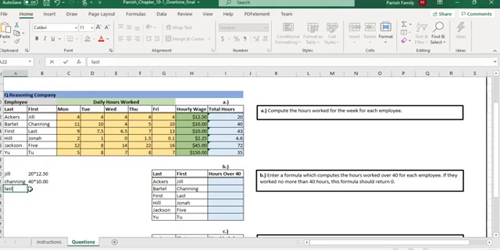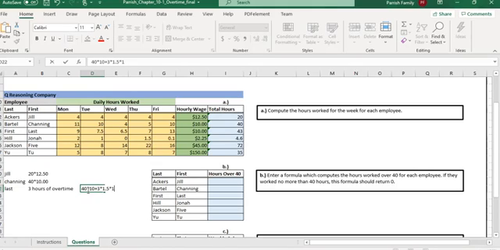Now, Last worked 43 hours. So Last worked 3 hours of overtime, right? They worked 3 hours over 40. So they should get paid regular wages for 40 hours, so 40 times 10. But then for those 3 hours of overtime, they should get paid 3 hours times time and a half, which is 1.5, times their wages.